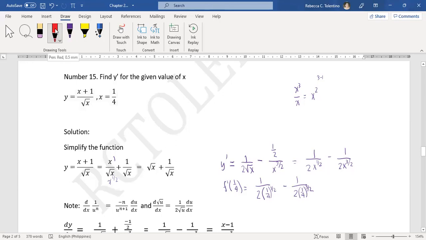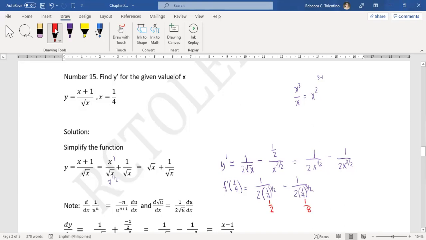Square root of 1/4 is 1/2. What is 1/4 raised to 3/2? Knowing that the square root of 1/4 is 1/2, the next step after getting the square root would be to raise that square root to the third power. If you raise 1/2 to the third power, it becomes 1/8.